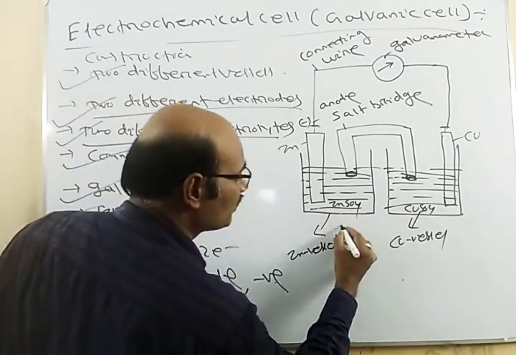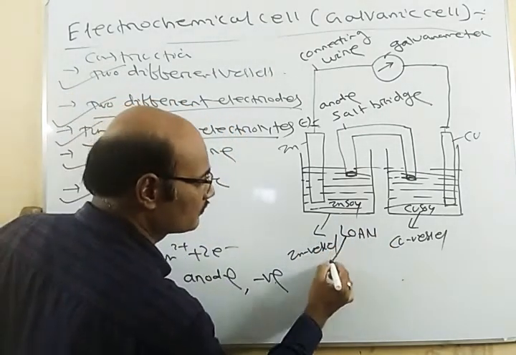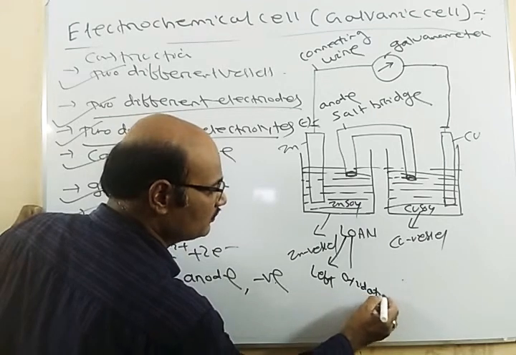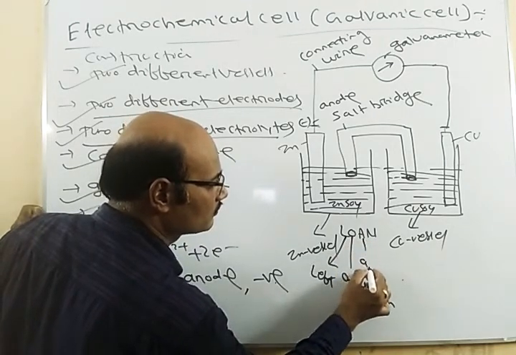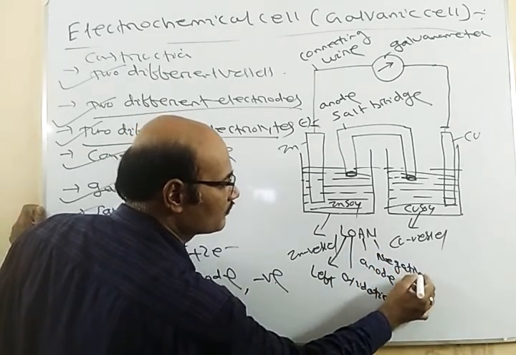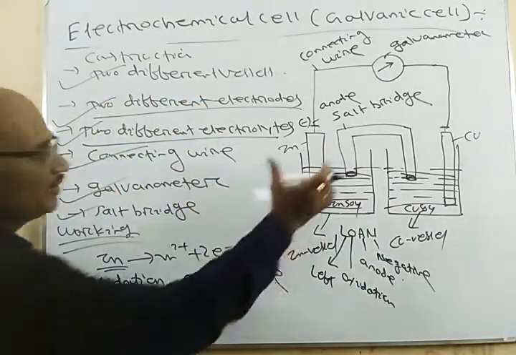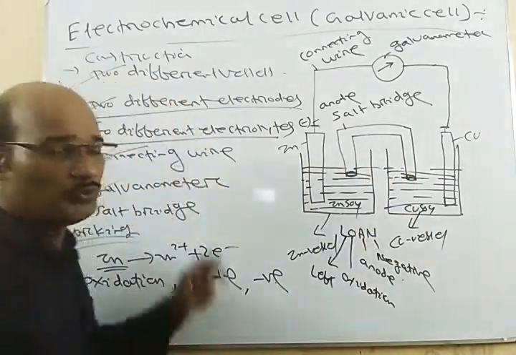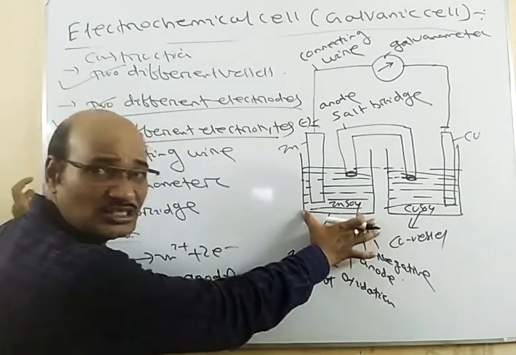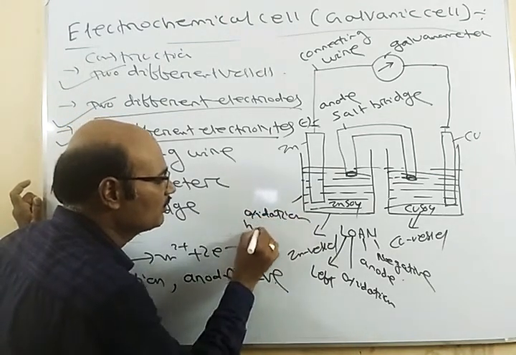So here you can remember: left, oxidation, anode, negative. Left oxidation, anode negative. So on the left side of the galvanic cell we have the oxidation half cell, where oxidation is taking place.